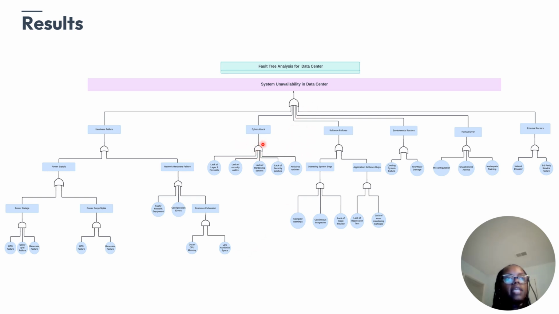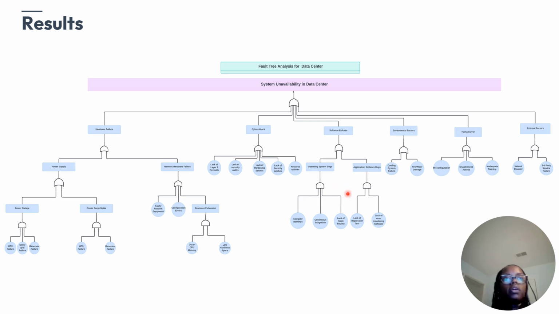Under the cyber attack, we had events that were broken down and identified as lack of having a layer 3, lack of security updates, lack of hardening servers and security patches, lack of security patches and antivirus updates.